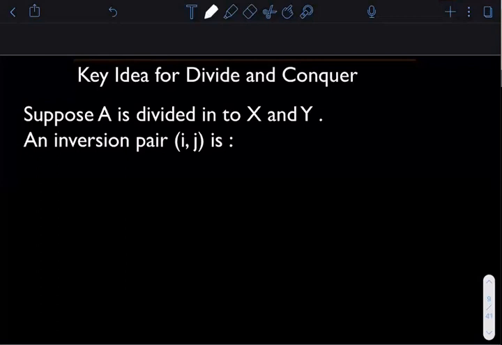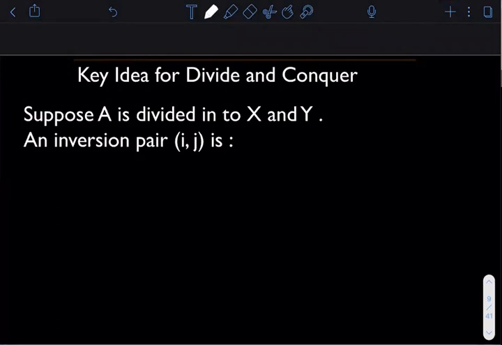Okay, so here is the idea. Remember, we are trying to do a divide and conquer algorithm. So suppose A is divided into two parts, X and Y. I'm not specifically mentioning the size of X and the size of Y, but since it's a divide and conquer algorithm, we should always attempt to divide as uniformly as possible.